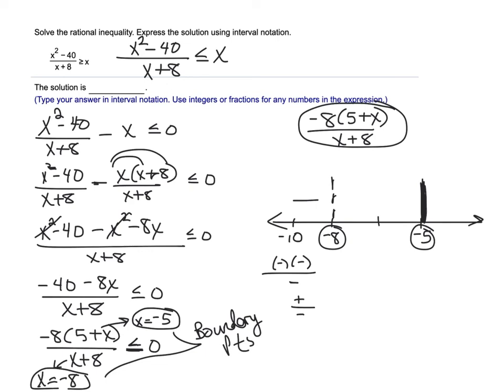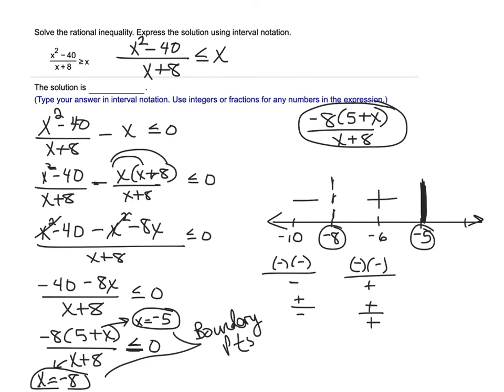Okay, let's do our second one. Something between negative 8 and negative 5. I'll pick negative 6. Plug it in, we get negative 8. 5 plus negative 6 is negative 1. And the denominator, negative 6 plus 8 is positive. So 2 negatives in the top give you positive over positive. So we have a positive.